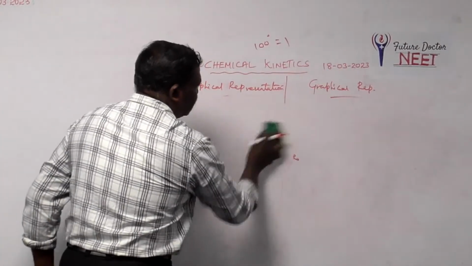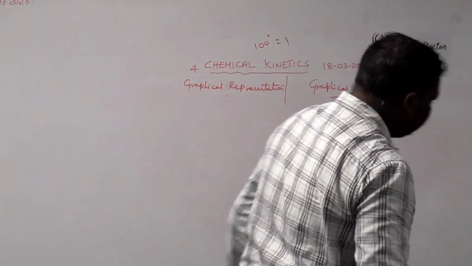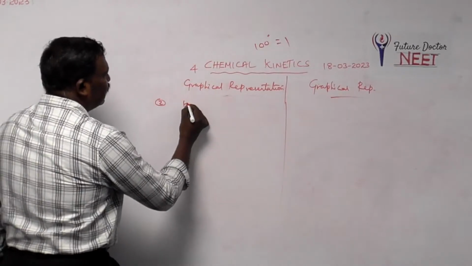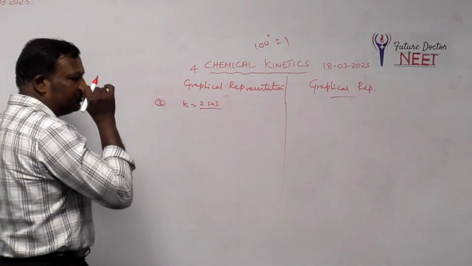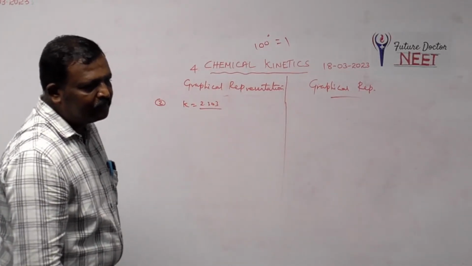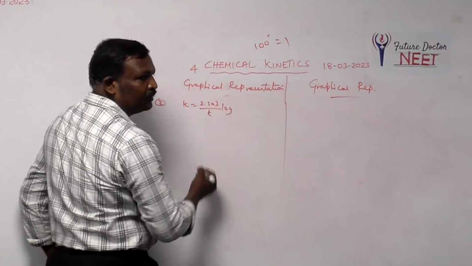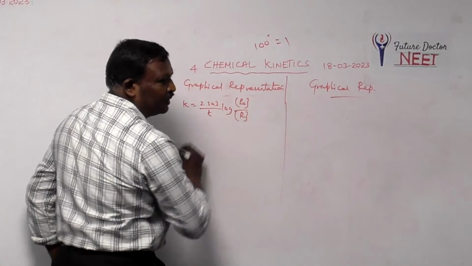Then the next graph. You know the formula for k? k is equal to 2.303 by t log r naught by r, for a first order reaction.